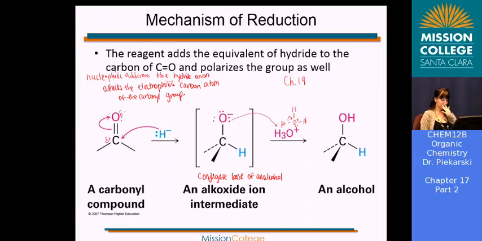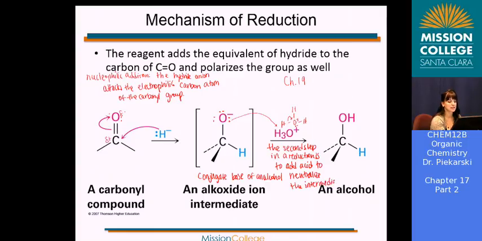Okay? And then once again, like I said, I can't emphasize this enough because I see students miss it all the time. But the second step in reductions is to add acid to neutralize the intermediate.